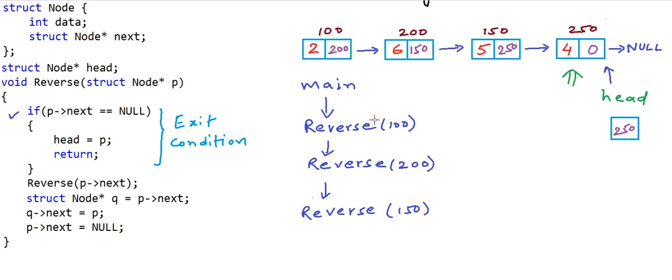that will execute after the recursive call. So they will execute when the recursion is folding up and we are traversing the list in the backward direction. So when we are executing reverse 150 and we have come back to it after recursion, we are at this particular line. So P would be 150 and Q would be P.next. So Q would be 250.